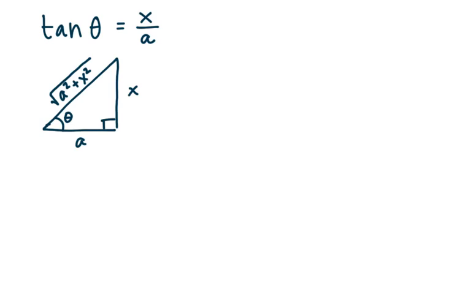So let's look at this. If I take that tangent theta equals x over a, I can rearrange it and say, well, x equals a tangent theta. So suppose I start with my radicand here, a squared plus x squared.